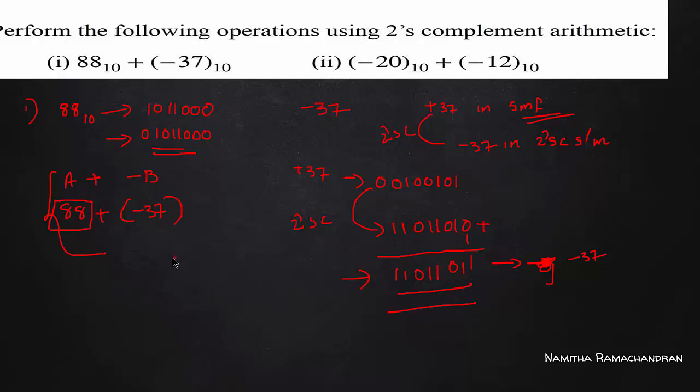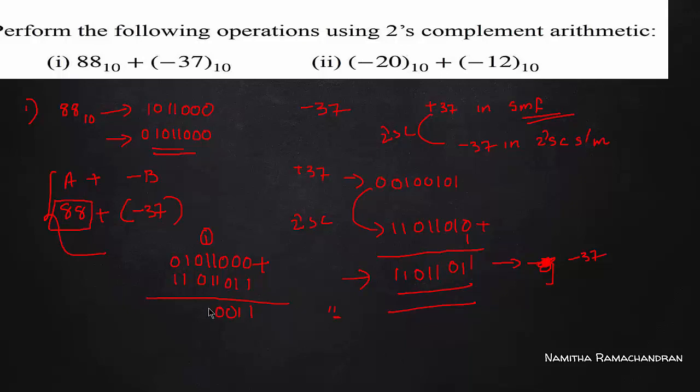So that is 0, 1, 0, 1, 1, 0, 0, 0 plus this minus 37: 1, 1, 0, 1, 1, 0, 1. Simply add: 1 plus 1 is 2. 2 in binary is 1, 0. So put that LSB 0 here and pass that MSB 1 as a carry to the next level. 1 plus 1 now is 3. 3 in binary is 1, 1.